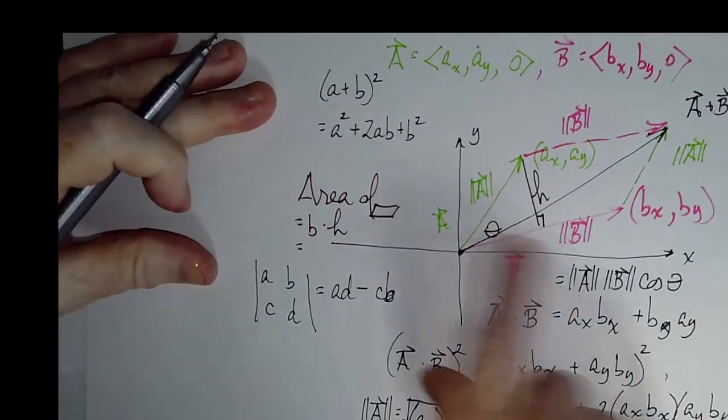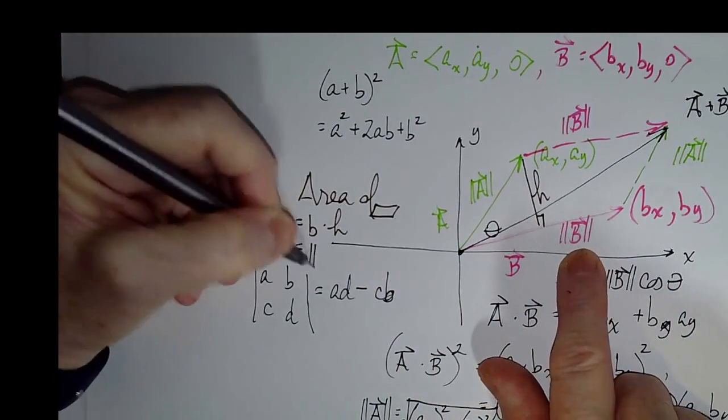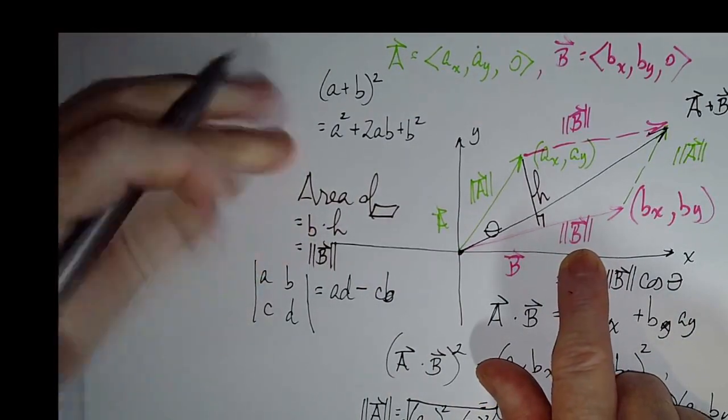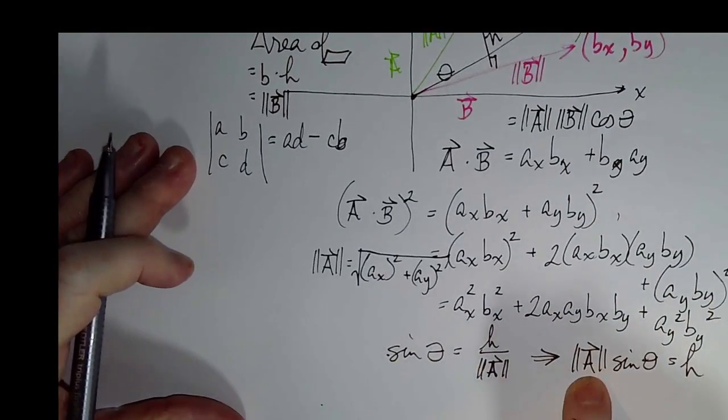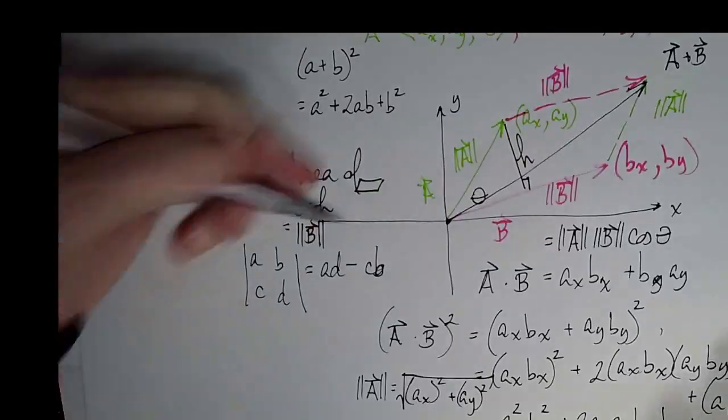The base is the magnitude of B. The height, that's what we just found. That's magnitude of A times sine theta.